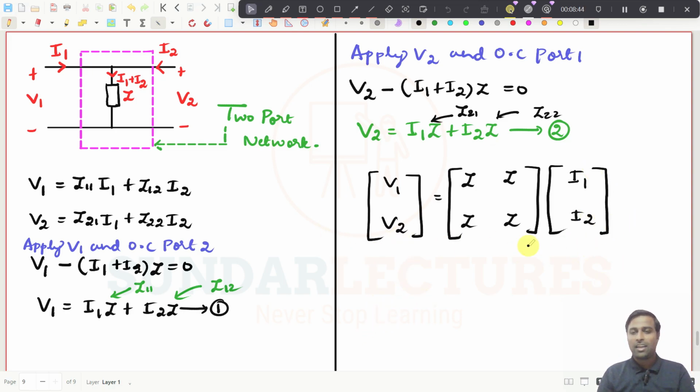So this is the Z parameter, and this is the Z matrix.